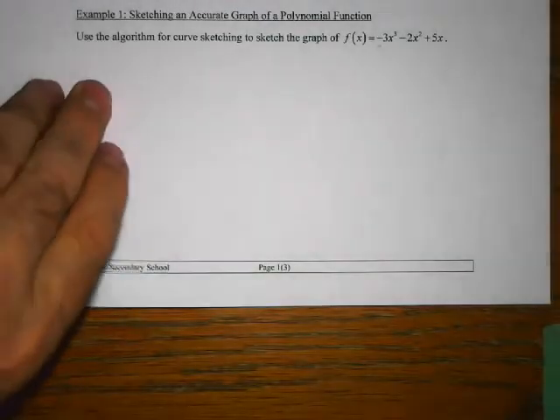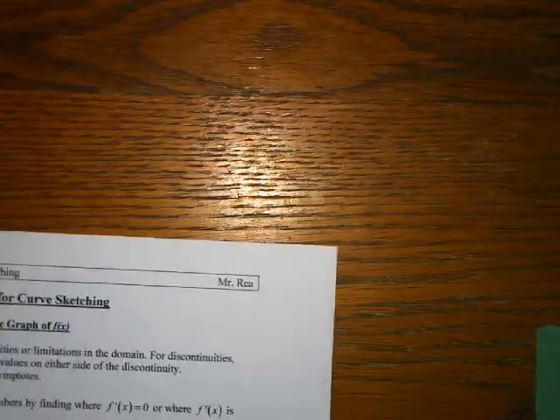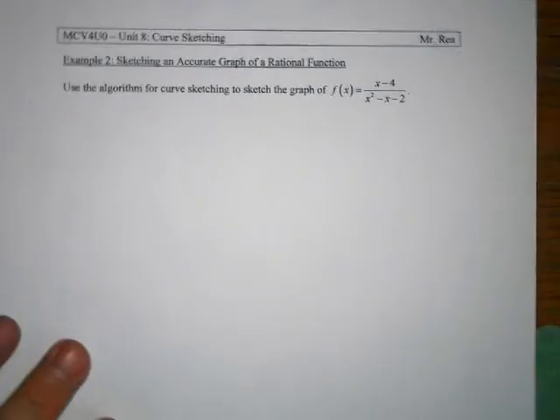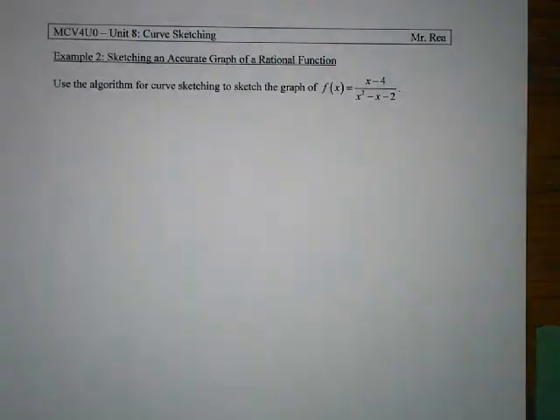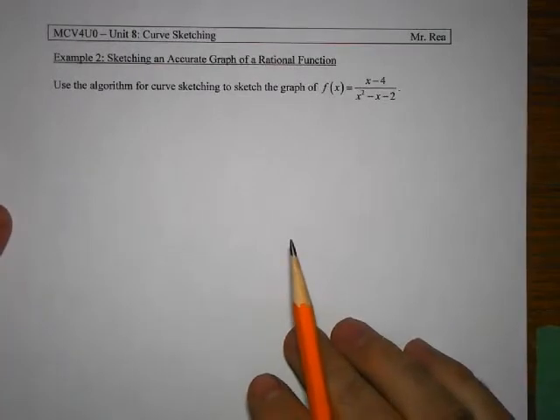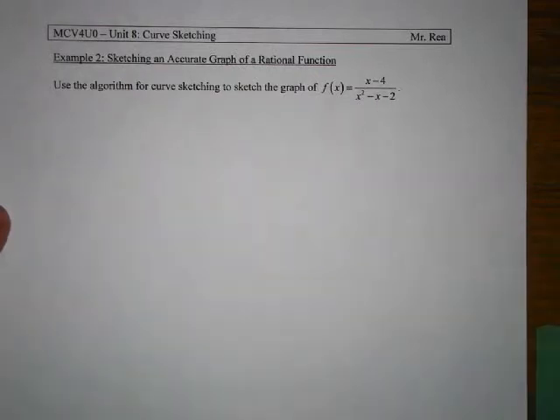Okay, so that was the first question. Second question is a rational function. Of course, we have to throw one in. Okay, let's get organized here. Use the algorithm for curve sketching to sketch the graph of f of x equals (x minus 4) over (x squared minus x minus 2).